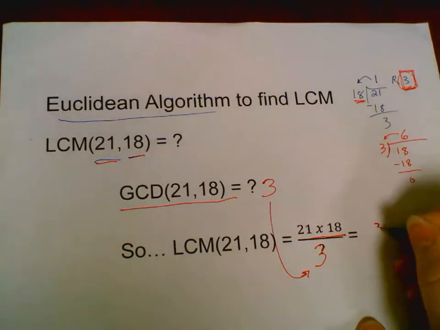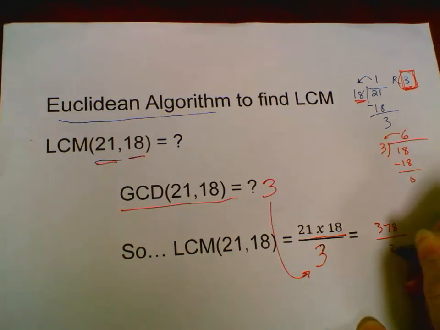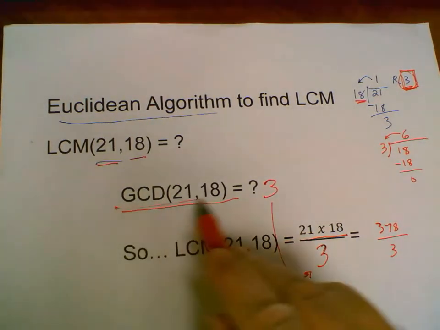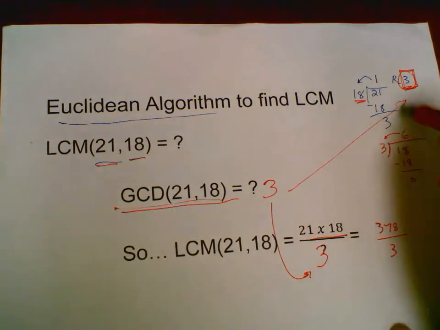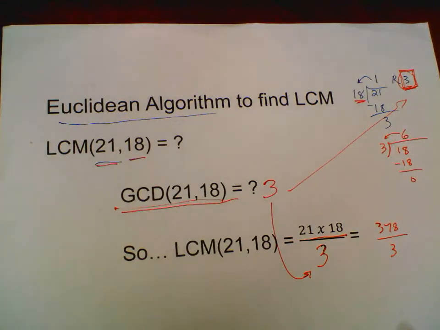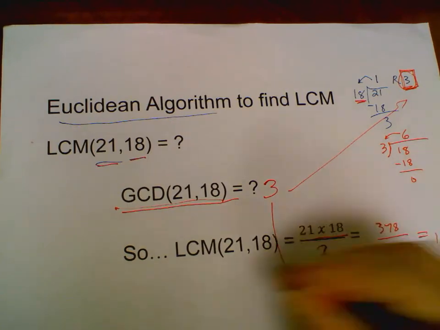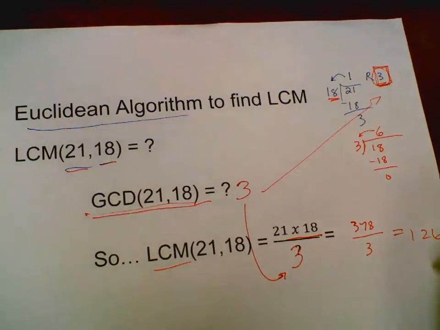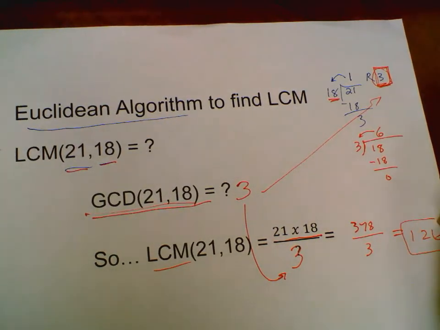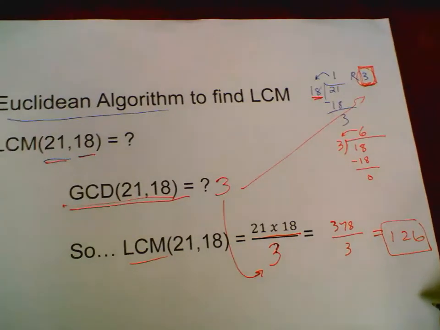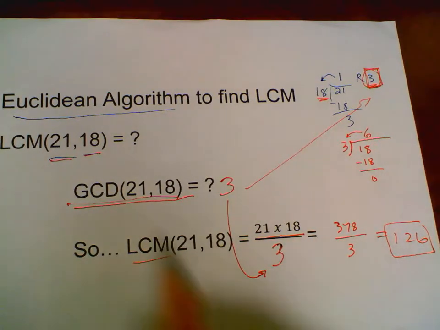That's 378. And then divide by my greatest common divisor that I just found. That gives me my least common multiple. 126 is the least common multiple between those two numbers. That might be easier than writing out all the multiples, but you decide.